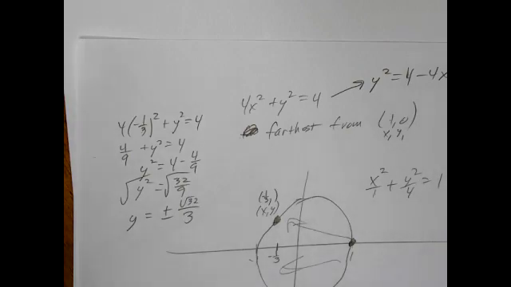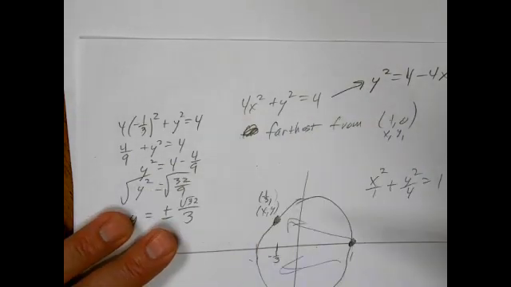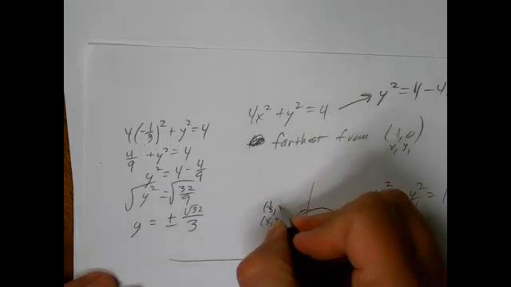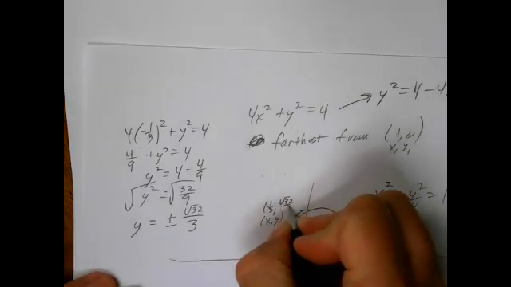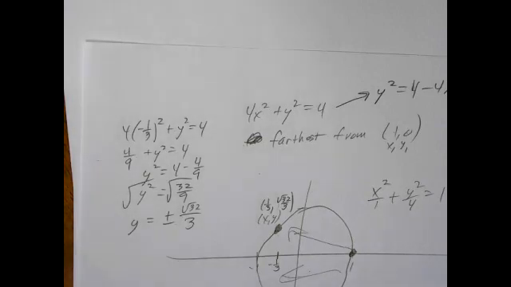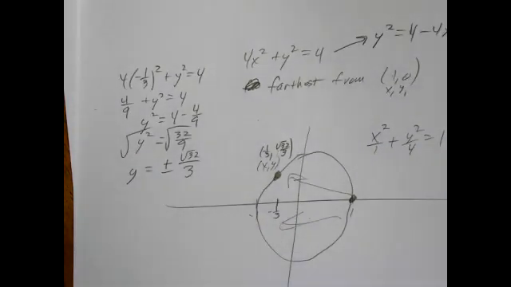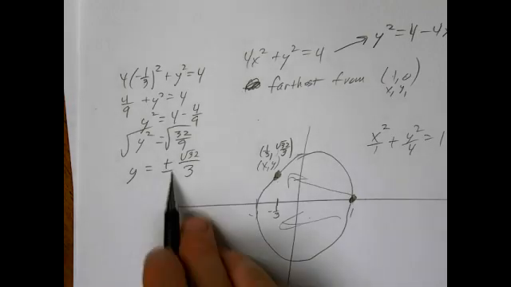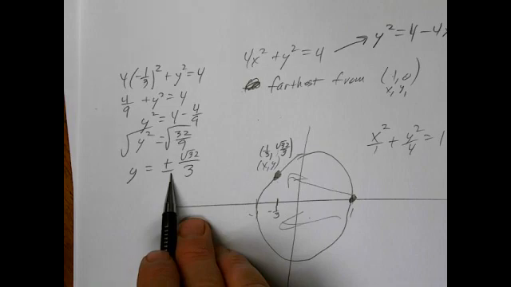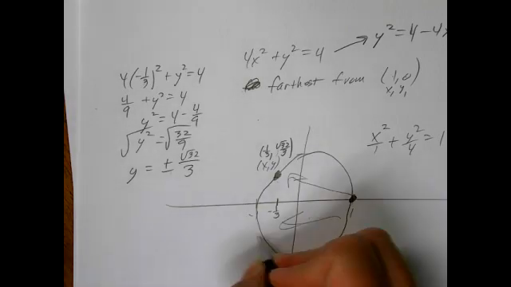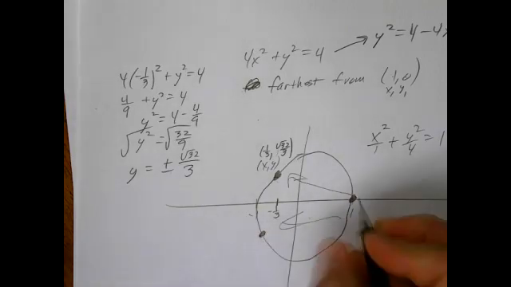All right, so the y value up here would be, and I didn't leave myself enough space, square root of 32 over 3. Now, we notice that there's symmetry to this situation. So where did the negative come from? What's the deal with that? On the previous problem, we threw out a negative because it didn't make sense. On this problem, it makes perfect sense.